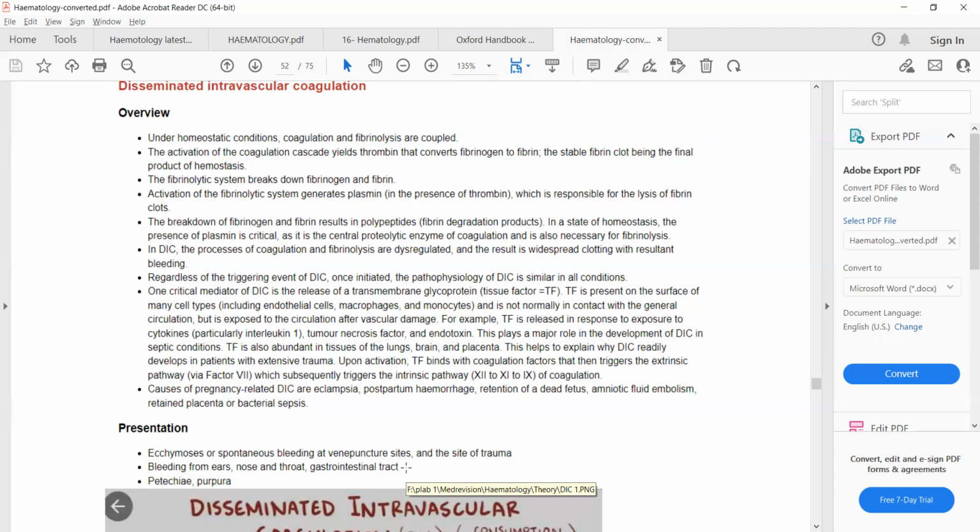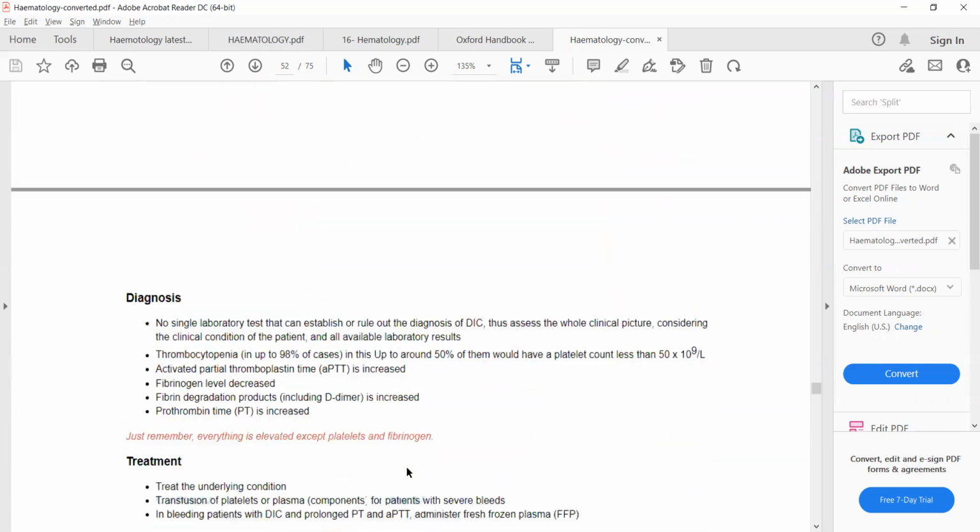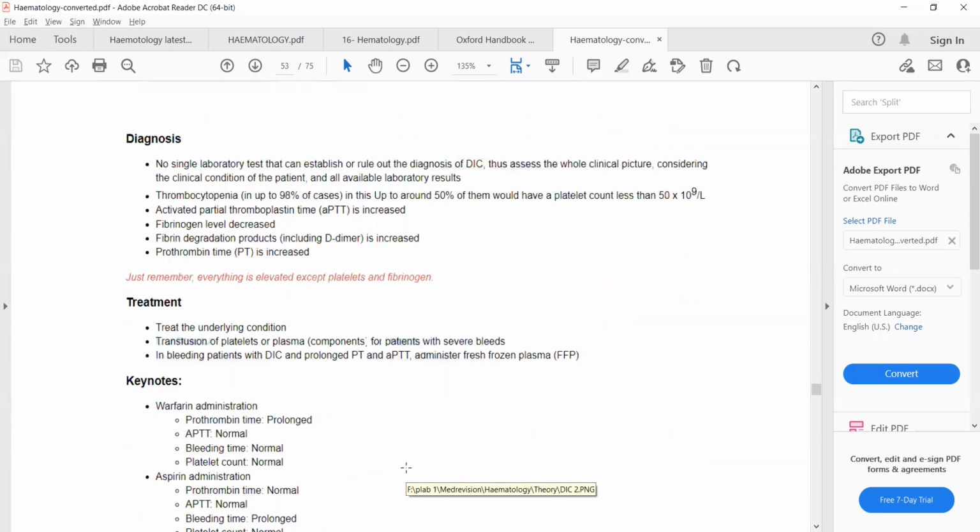So this is the presentation of DIC, and the diagnosis will be confirmed on lab investigations. On lab investigation, PT, APTT, bleeding time, and D-dimer will be raised, except 2 things that will be decreased, that is platelet count and fibrinogen. So thrombocytopenia and low fibrinogen. Just remember that everything is elevated except platelets and fibrinogen.